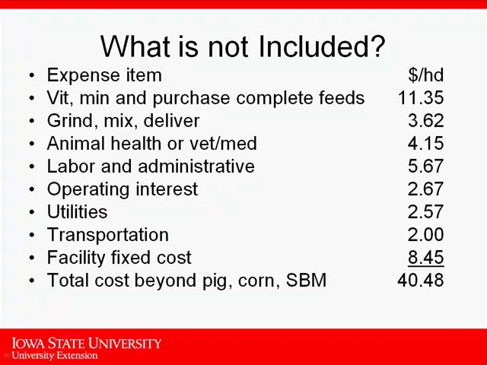I've got grind mix deliverer, the vet med, the labor, interest, on down. So I need about $40 to $41 left over in my crush margin just to break even. So as I'm tracking that margin, that's the lean hogs minus the corn minus the meal, I need that number to be over $40 if I'm going to break even. So that's the way I track it.